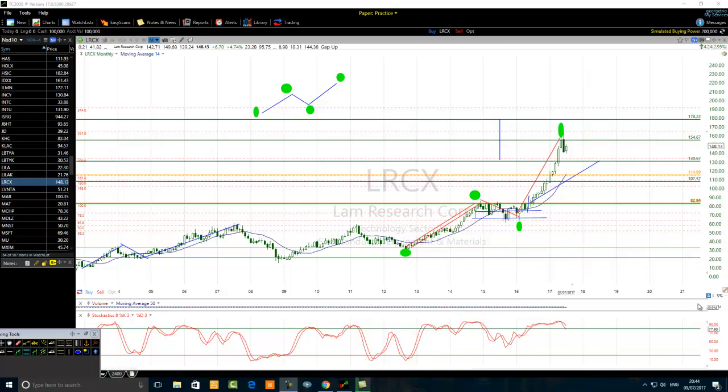So how do we avoid the ABCD chart pattern trading mistakes? In theory, this is how I draw my chart, A, B, C, D. This is the shape of the ABCD.